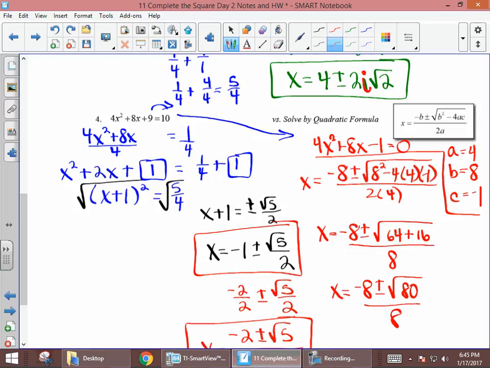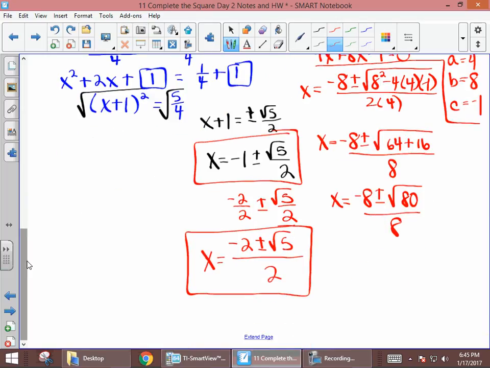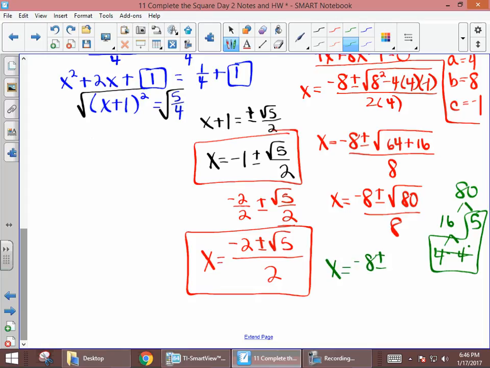So now I have to simplify that 80. Well, 80 is 16 times 5. 16 is 4 times 4. I'm going to stop there because I've got two 4s. So this is x equals -8 plus or minus 4 square root of 5 over 8.